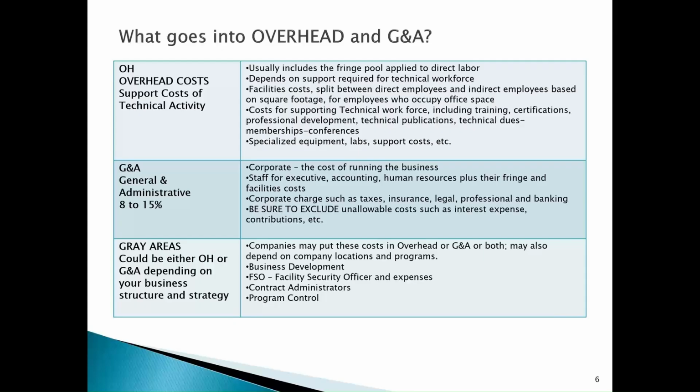Sometimes there's a section of your company called program control that does the reporting on contracts, because as we've matured in federal contracting, they're always looking for the contractor to do more and more reports. It used to be we would put that in a corporate or G&A function because it was an accounting function. But now many times they'll have such extensive reporting on a contract.